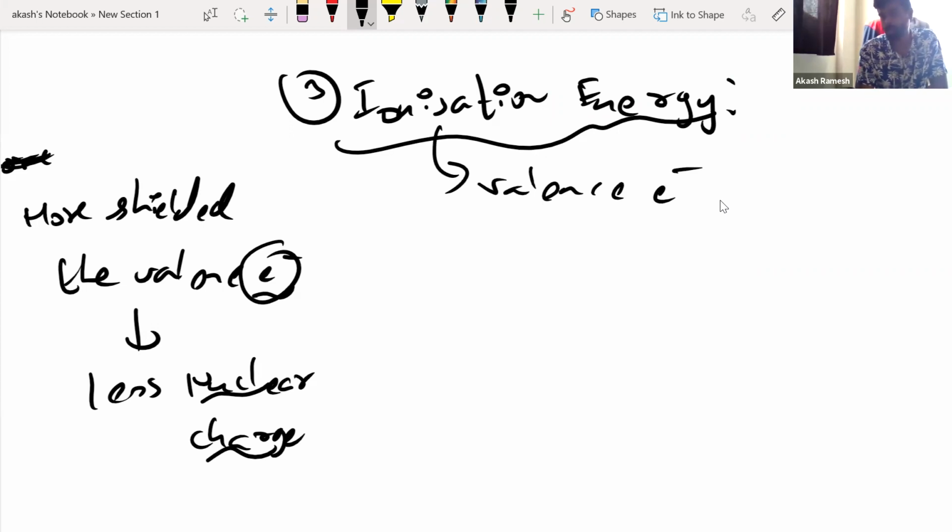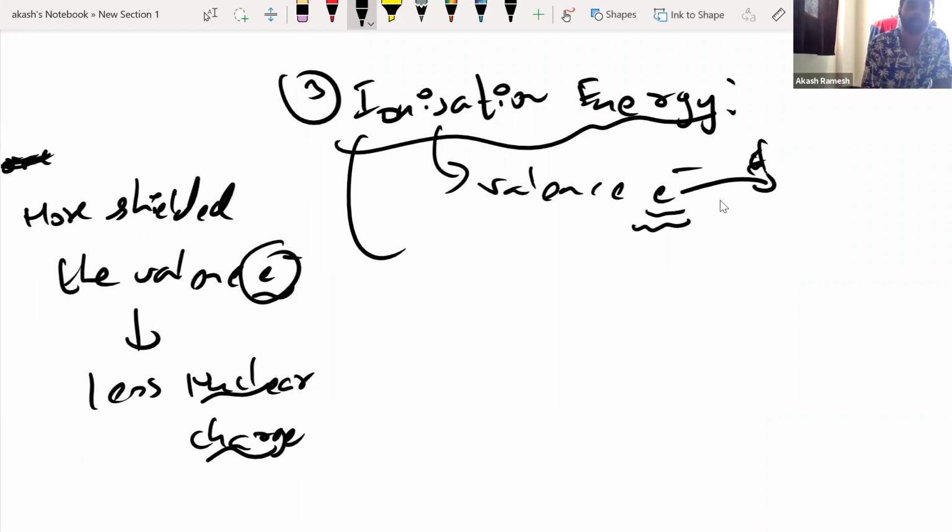But in Bohr's, the definition says it is the energy required to take the electron from only the first shell to the infinite shell. Here in the modern definition, it is the energy required to take the valence electron from inside the atom to outside. That is what is my ionization energy.